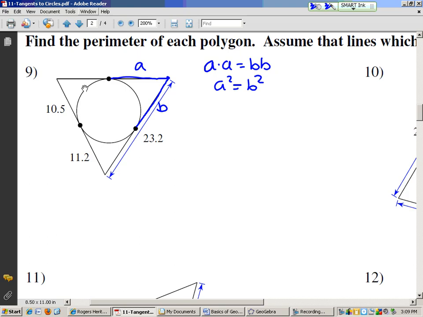We take the square root of both sides, and since it's length, we don't have to worry about the negative cases, so it's just A equals B. And that tells me that this blue section here is going to be the same for both of them. The red sections are going to be the same, and the green sections are also going to be the same.